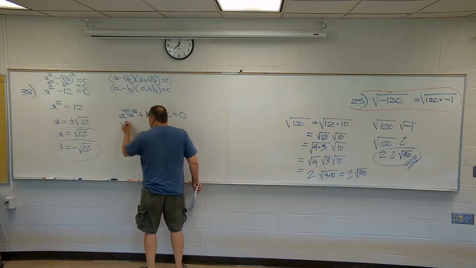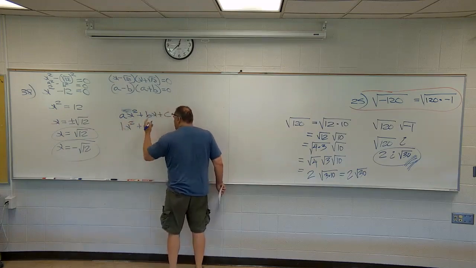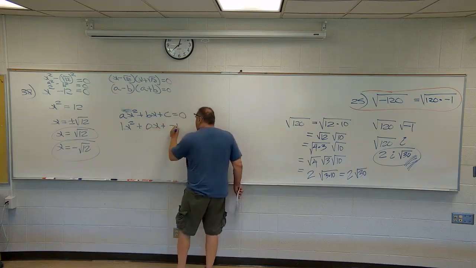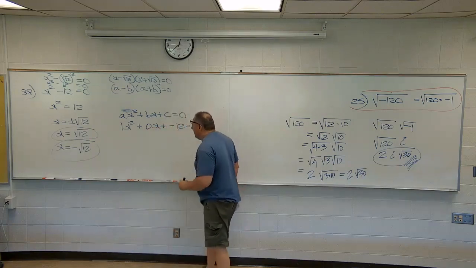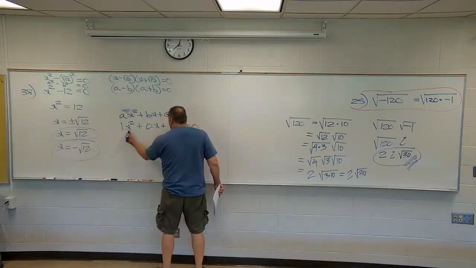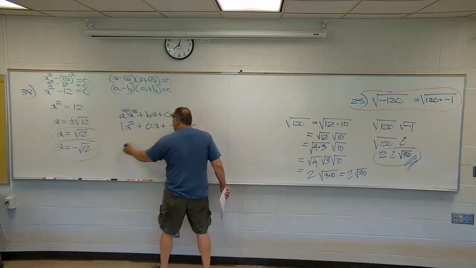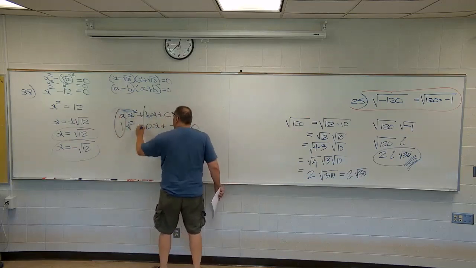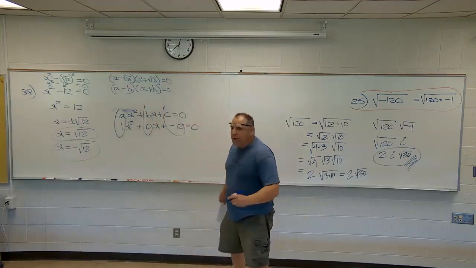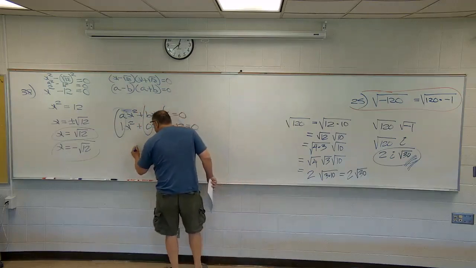This is 1x squared plus, if there's nothing here, 0 times x, plus a negative 12 equals 0. 0 times x is 0. 1x squared minus 12, or plus a negative 12. A is 1, b is 0, c is negative 12.